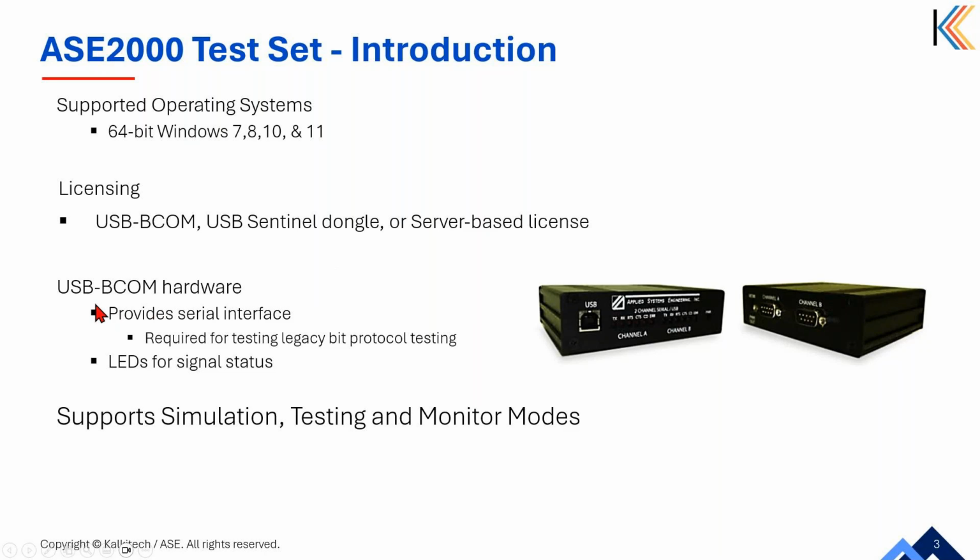BCOM hardware supports 2 serial ports. If your laptop doesn't have any serial ports, then this box allows you to get serial protocol access with the USB connection. And we support simulation, testing, and monitoring modes. These 3 modes allow you to do all the testing for your bit and byte protocols.